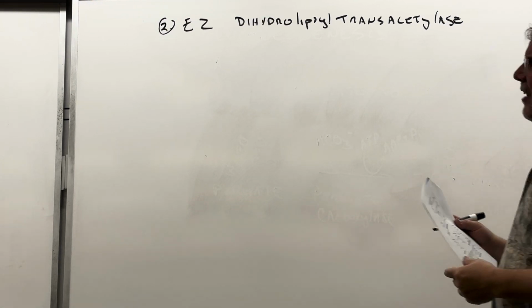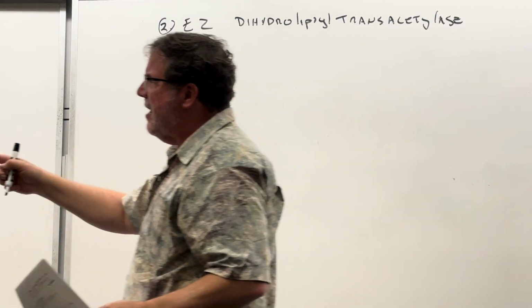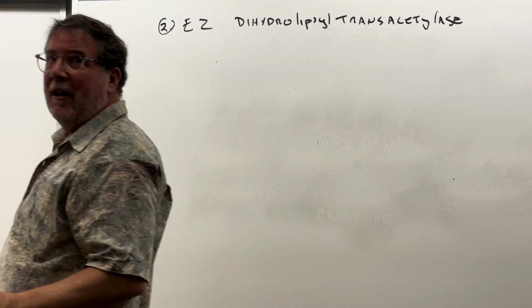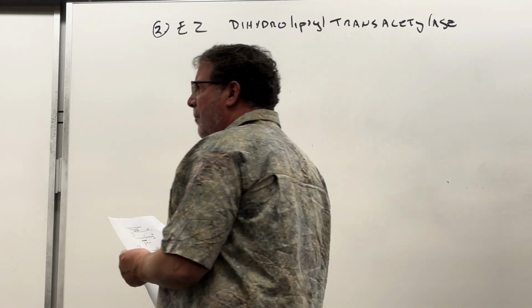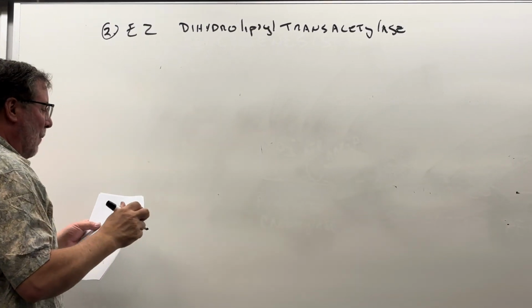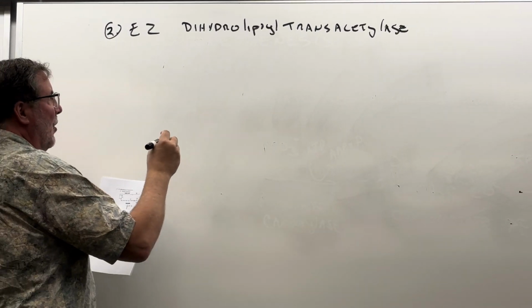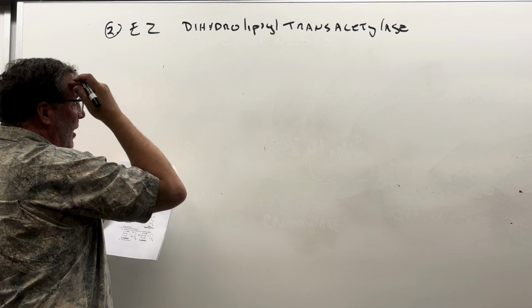So just like E1 has thiamine pyrophosphate, this one has its own important prosthetic group, which is lipoic acid, which is in an ester or an amide linkage to a lysine.